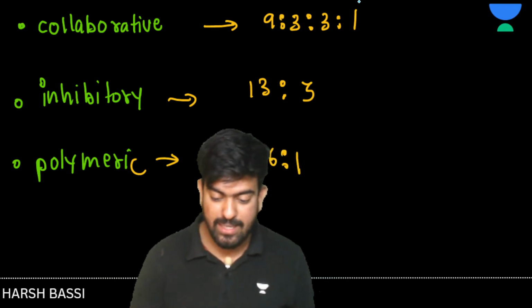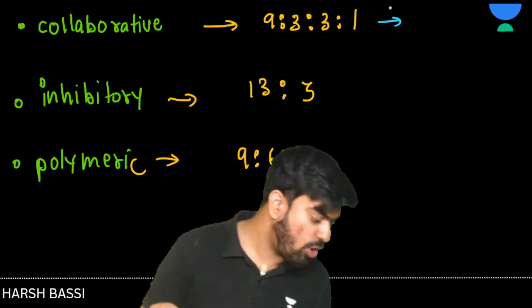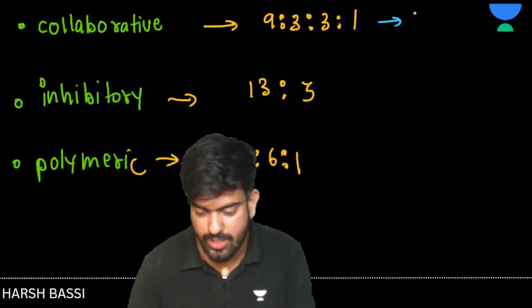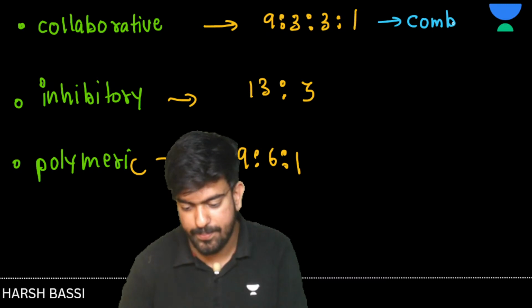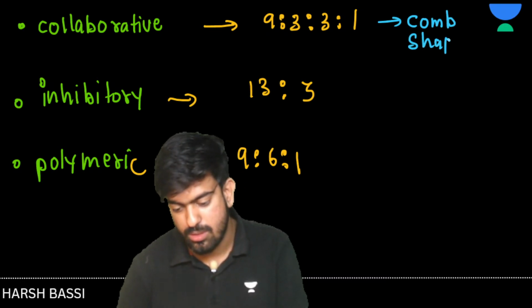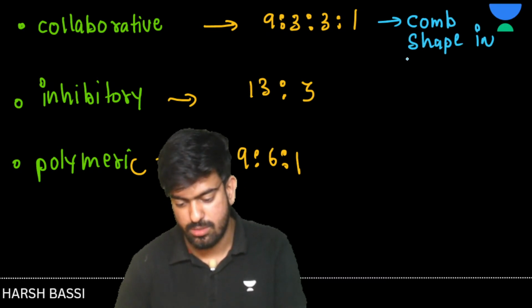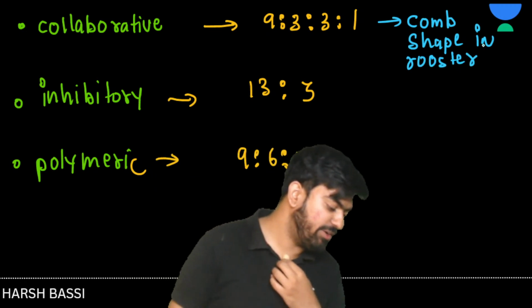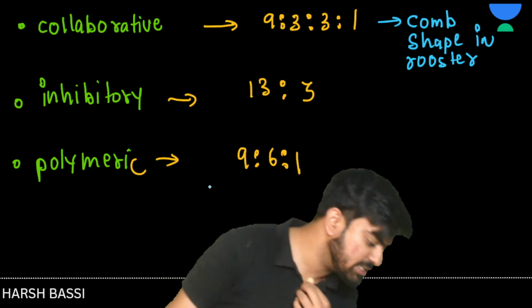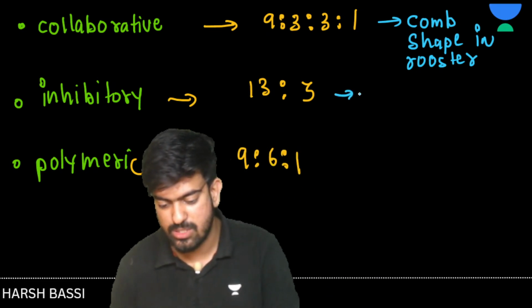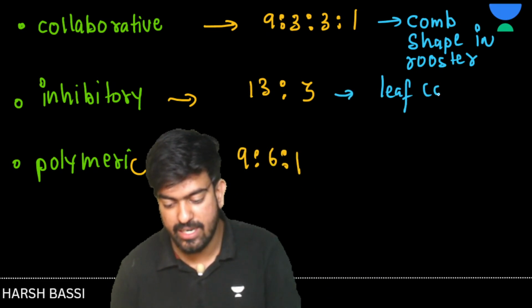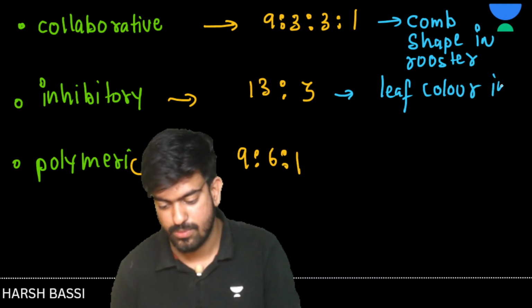Okay, what are the examples? In collaborative, comb shape in rooster. Then in inhibitory, leaf color in rice. Clear?